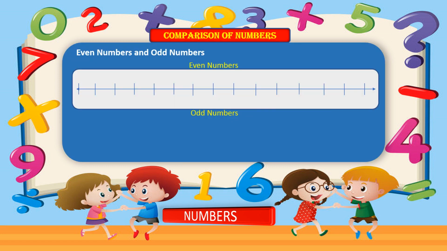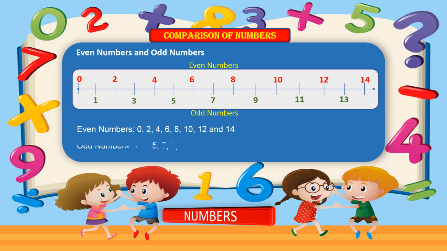Comparison of numbers, even numbers and odd numbers. The numbers 0, 2, 4, 6, 8, 10, 12 and 14 are even numbers. The numbers 1, 3, 5, 7, 9, 11 and 13 are odd numbers.